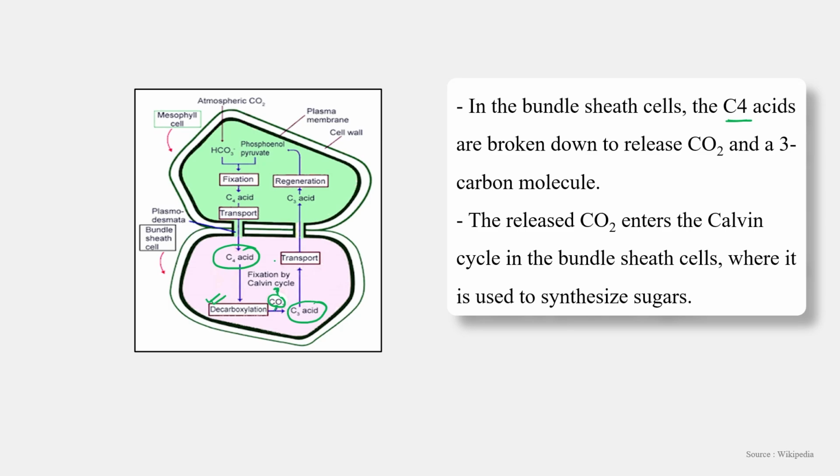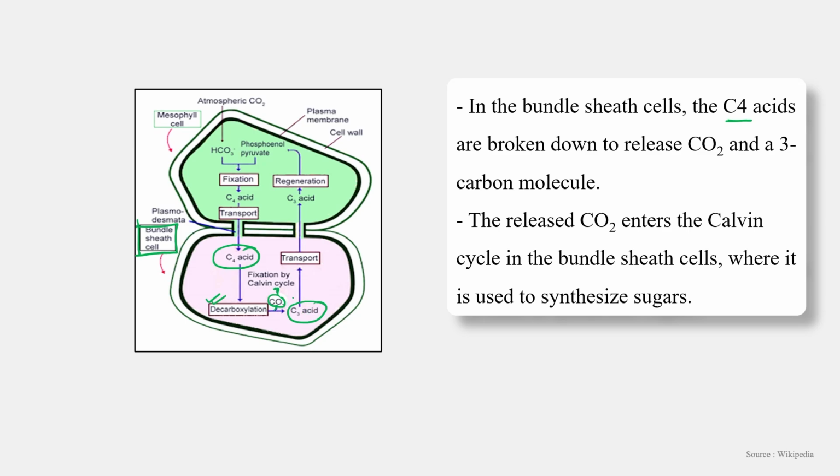So, malic acid or aspartic acid is transferred from mesophyll cell to bundle sheath cell where the decarboxylation process occurs, and through decarboxylation one molecule of carbon dioxide is released, which further enters the Calvin cycle, and then again the formation of C3 acid occurs.